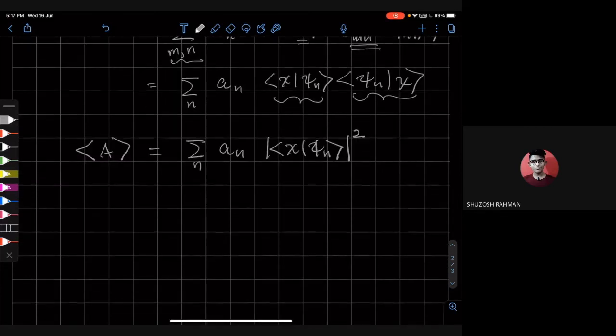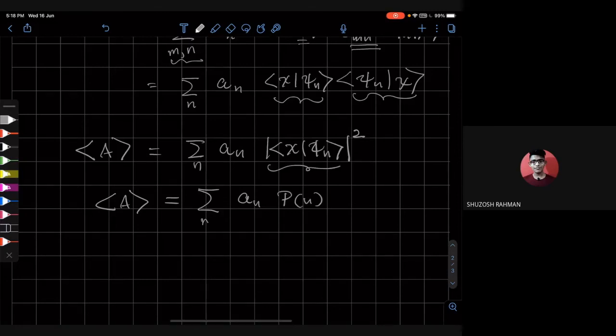Now we know from the definition that the average of a quantity, if it's a random variable, is its values, say a_n, weighted by the probability that that value is going to occur.